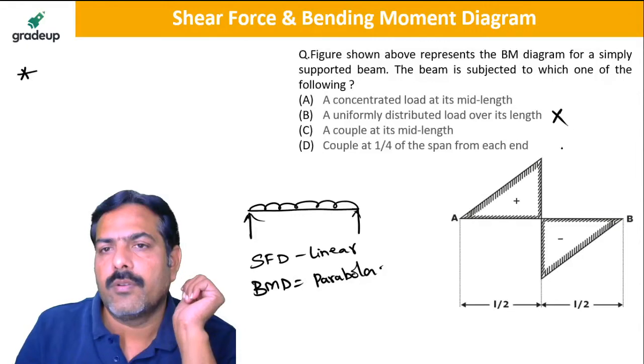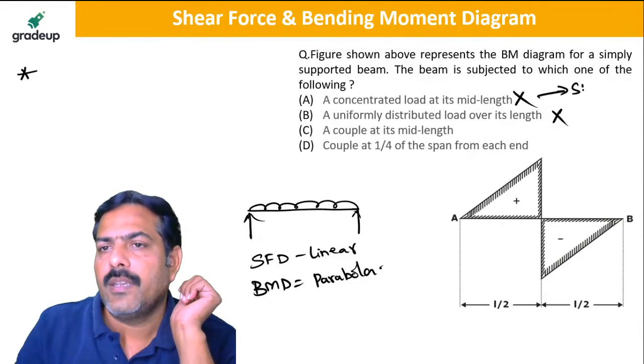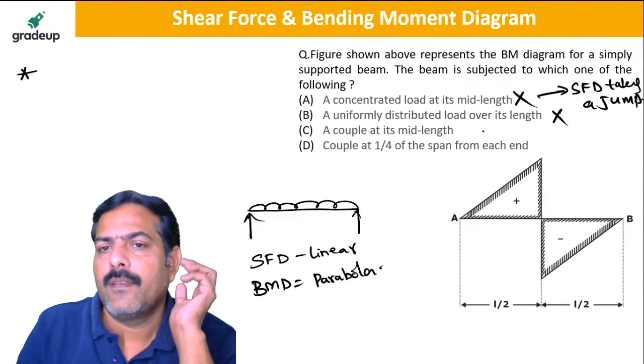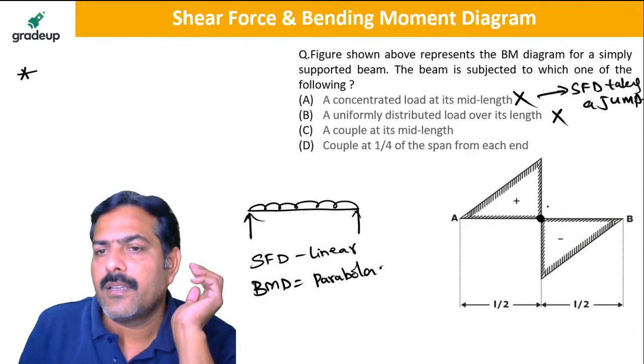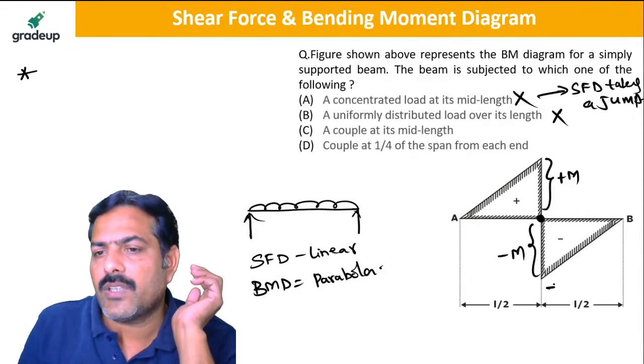So B is wrong. For a concentrated load, the shear force takes a vertical jump. The SFD takes a jump. So it is at the center. This distance is plus M and this distance is minus M, so the value varies from minus M to plus M.